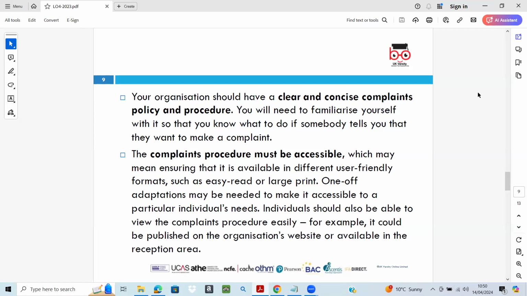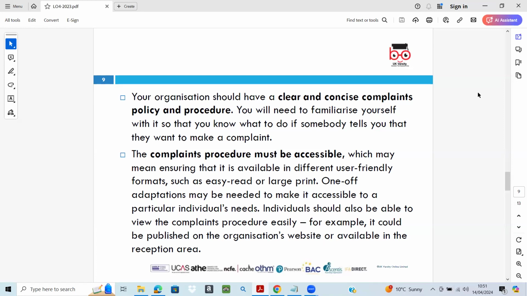If we consider the need for one-off adaptations, this means customizing the complaint procedure to accommodate specific individual needs that may not be covered by standard formats. Why is this flexibility important? As we discussed earlier, different users have different needs.